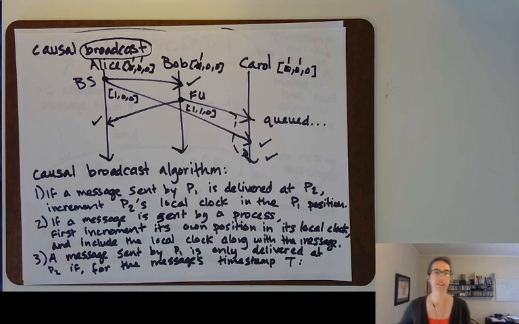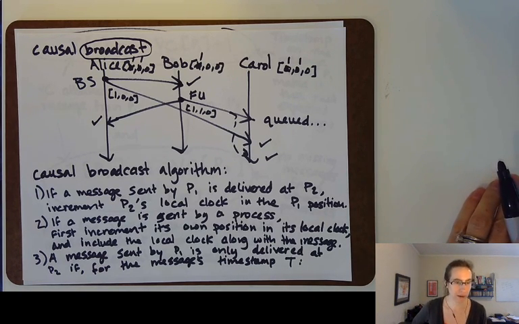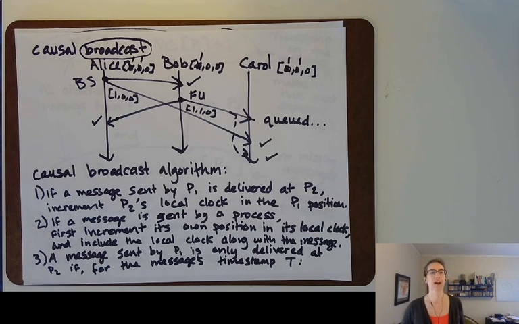So I think there's a little bit of confusion in chat about this versus what I showed earlier. These are both algorithms that use vector clocks. Before, we were talking about assigning vector clocks to events that had already happened.